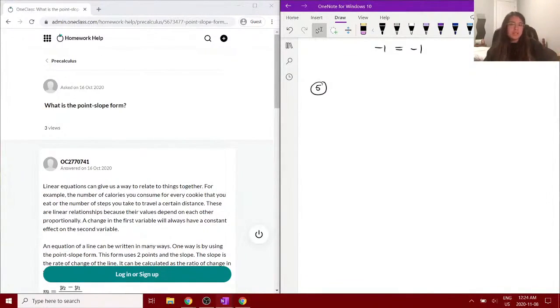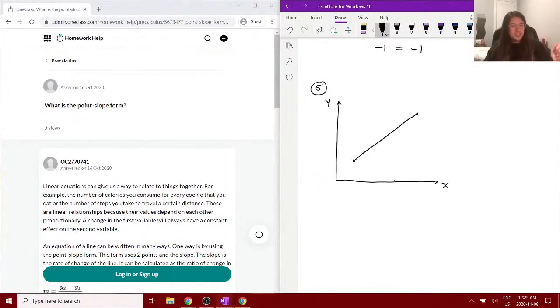So basically the point slope form is just a way of writing an equation of a line. So I'm just going to draw a line. So we have a plot of y to x, or x to y. And if I just have a linear line, it just basically means a line with no curves.